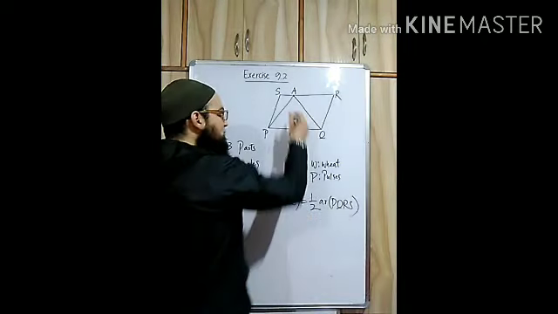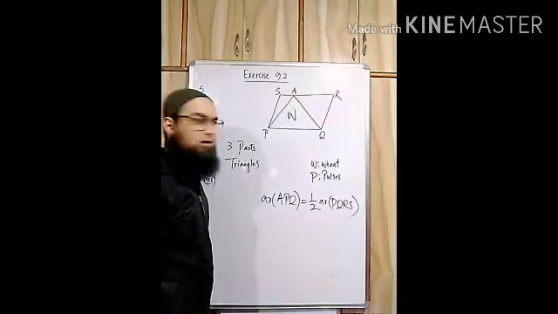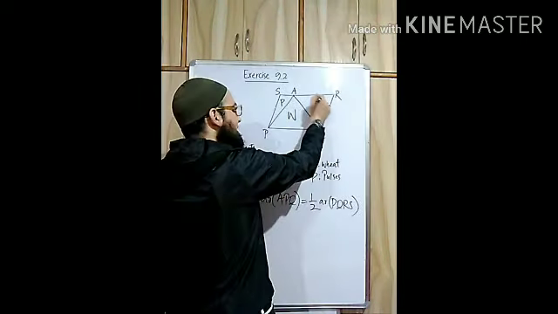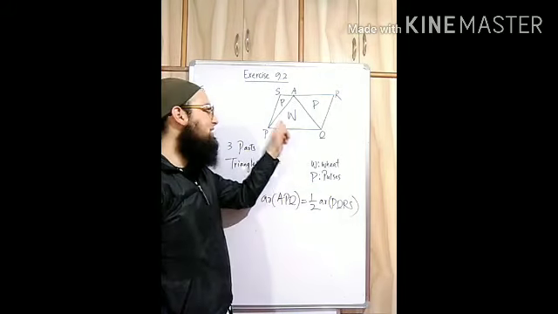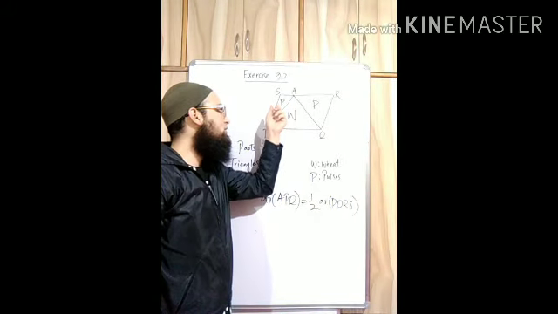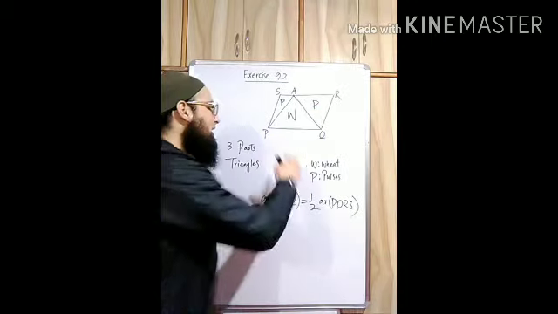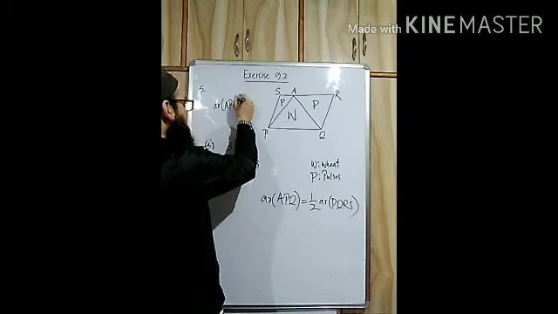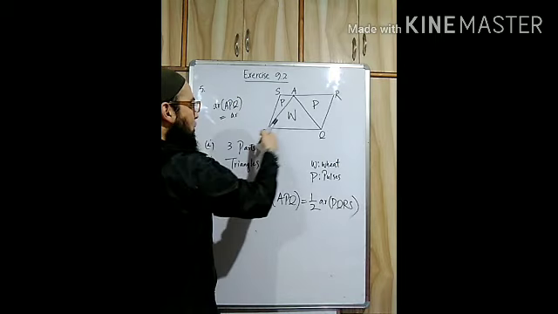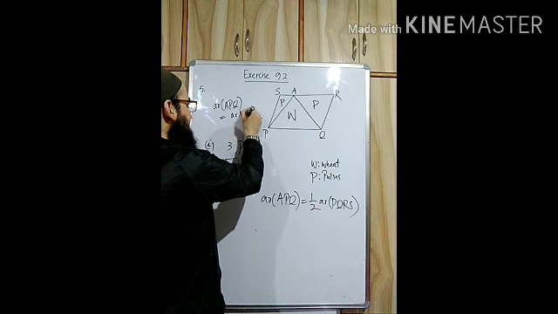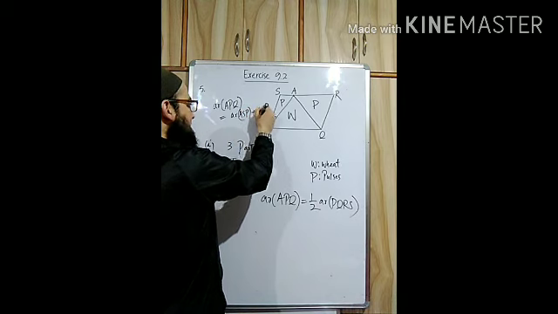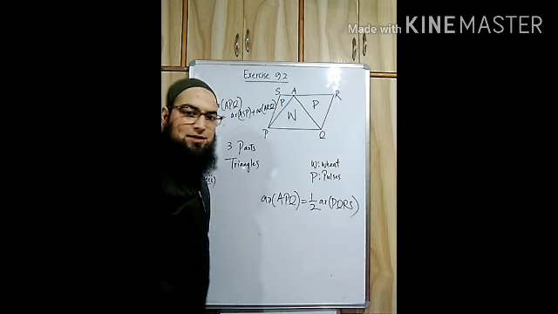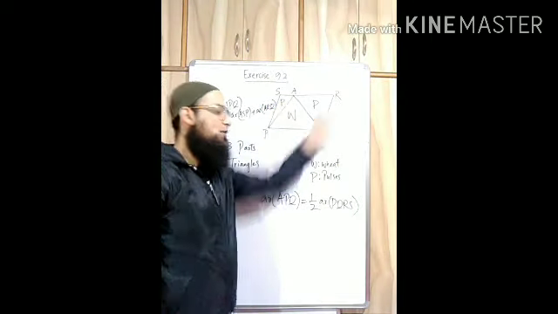So that means if she sows wheat in triangle APQ and pulses in this triangle and this triangle, area of the triangle is equal to half of this. That means area of APQ is nothing but area of ASP plus area of ARQ, because area of a triangle is half of area of the parallelogram.